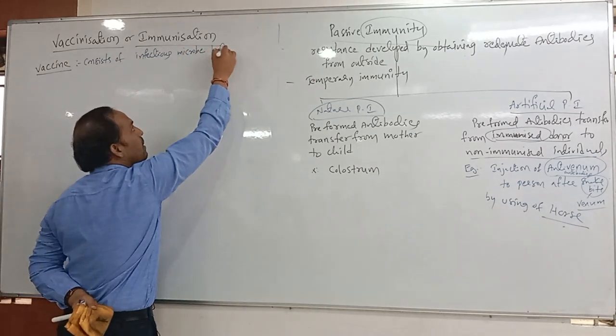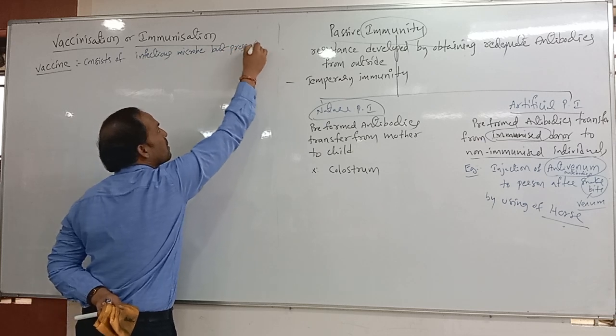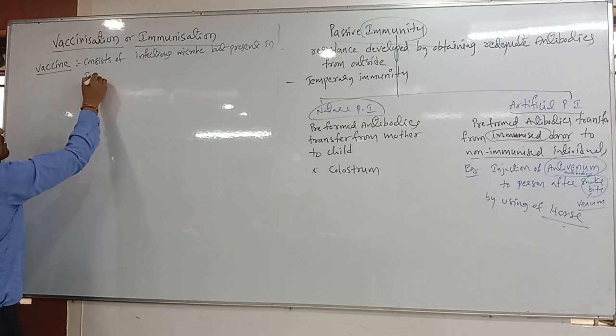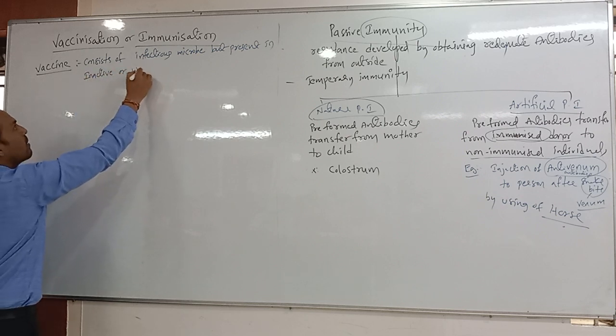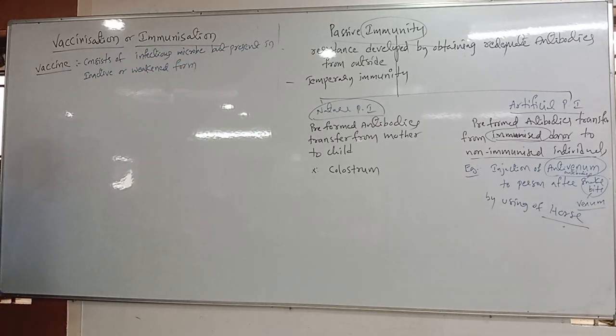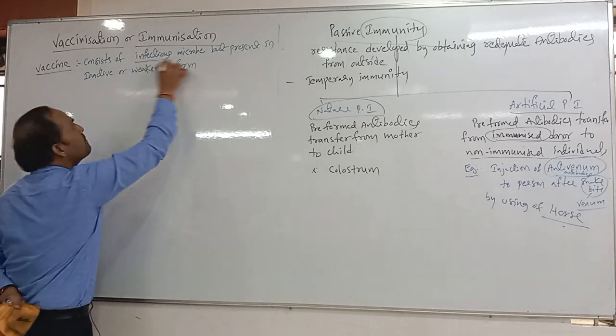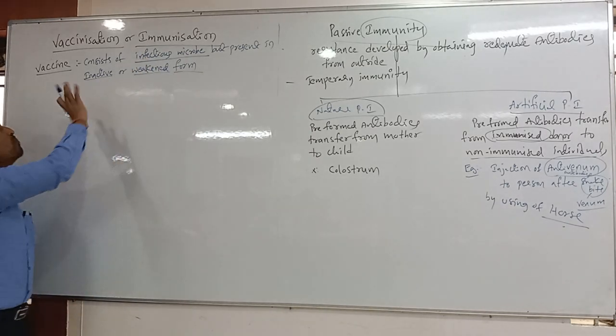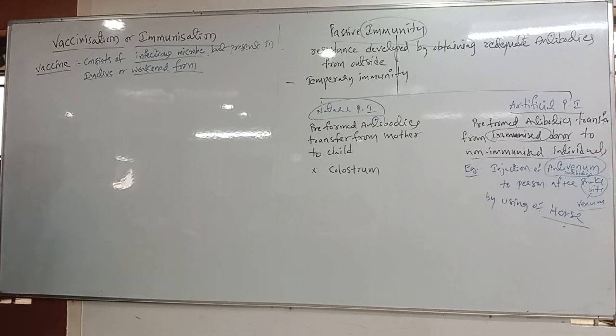But present in which form? Present in inactive or weakened form. Inactive or weakened form, correct? What is present in the vaccine? An infectious microbe is present, but in inactive or weakened form. That's why the word vaccine came from the word vac. Vac in Latin means cow.